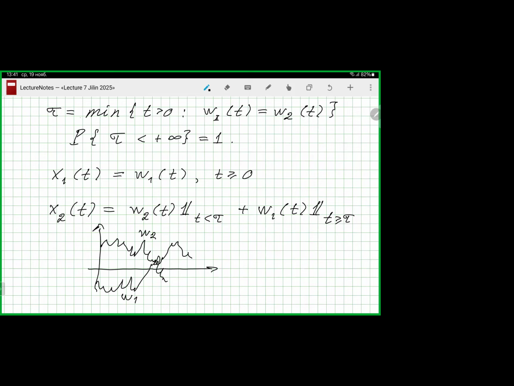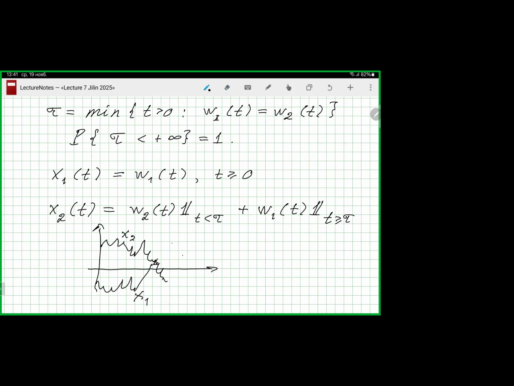And what we are doing, we just subtract W2 after the meeting. And we suppose that after the meeting, both processes are going together. And we even rename these processes and say that these new processes will be X1 and X2.